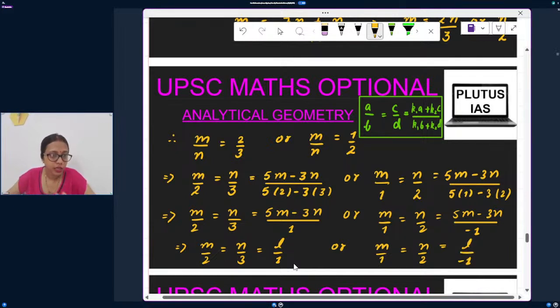Now you cannot say that you got the values of l, m, n, because l, m, n are not 1, 2, 3, they are proportional to 1, 2, 3. So if your quantities are proportional to some constant, they are nothing but direction ratios. Why? Let's say this constant is k.